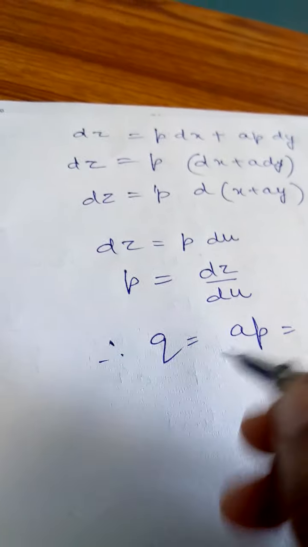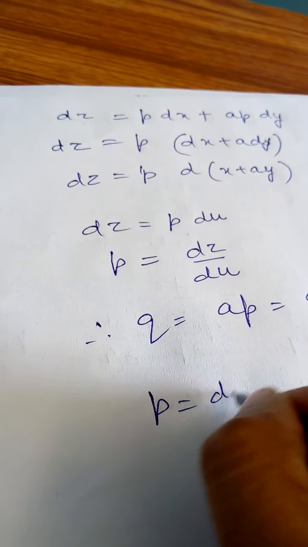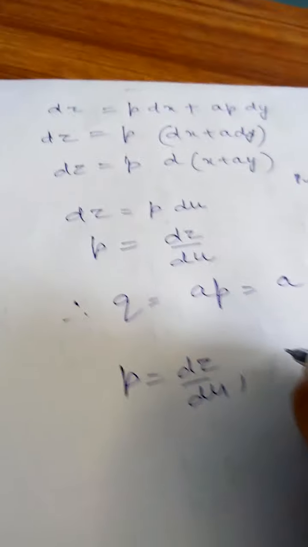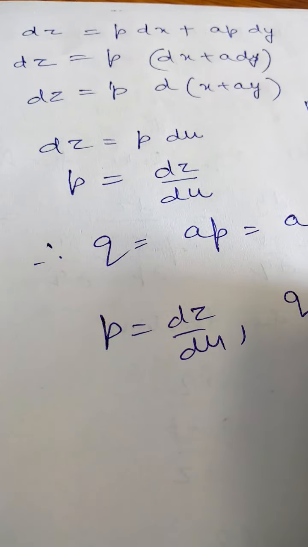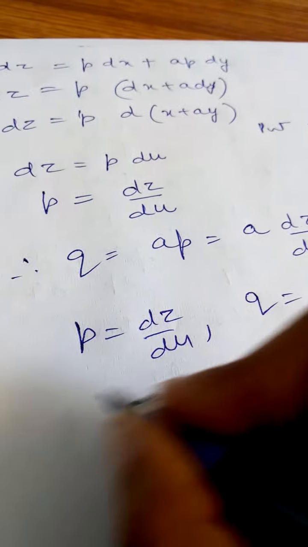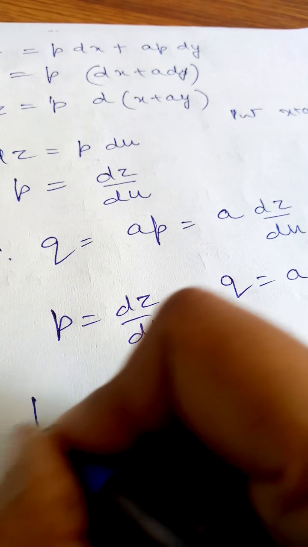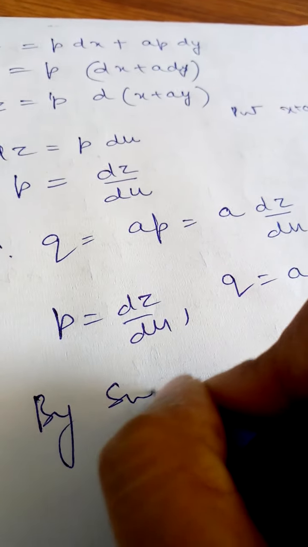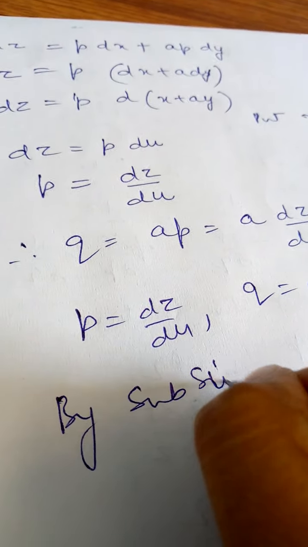So we have the two values, p is dz by du and q is a into dz by du. By substituting p and q in the given equation, you can say your first equation as equation number 1.